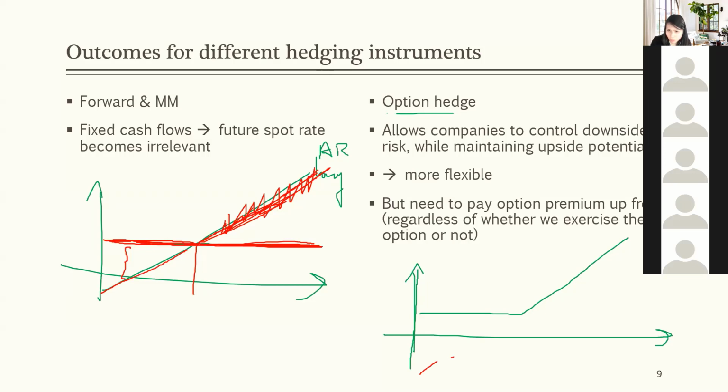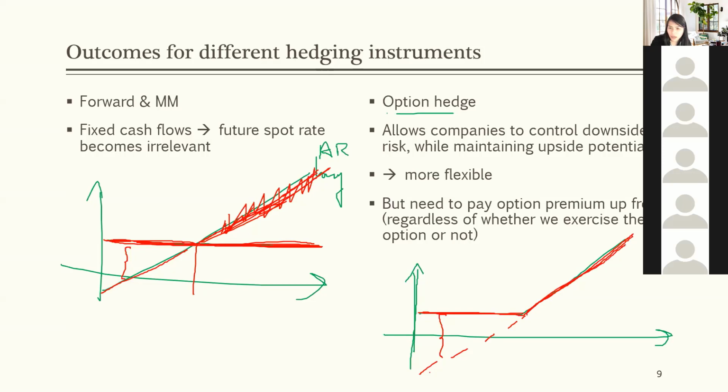I'm just going to compare that with an unhedged position. So for an option hedge position, on the downside, you're protected, right? If you compare this with an unhedged position, you're better off here. At the same time, it does not limit your potential upside gain, okay?